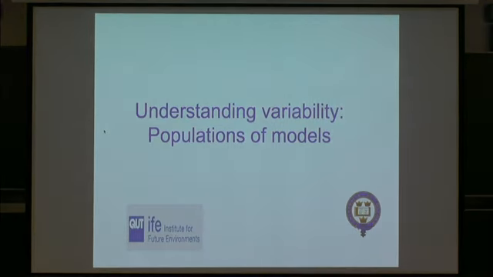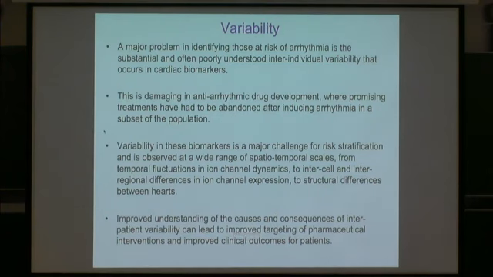Okay, so that was the background. So a major problem in drug development is the issue with identifying those at risk of arrhythmia. And it turns out that many drugs that are developed have the possibility of being pro-arrhythmic for some classifications of populations, some age groups or whatever they might be.